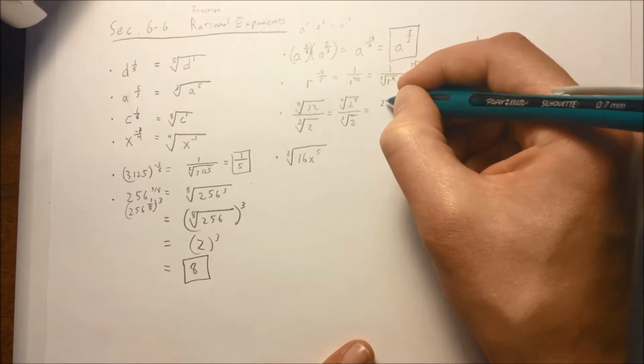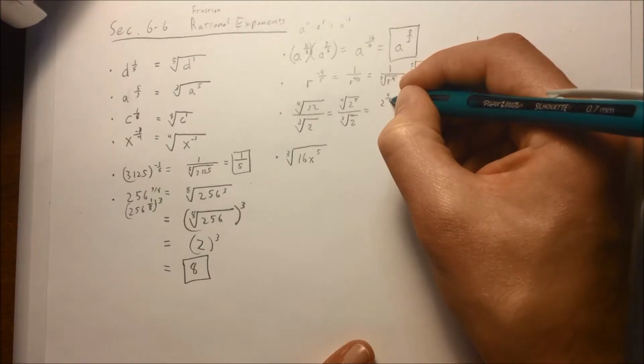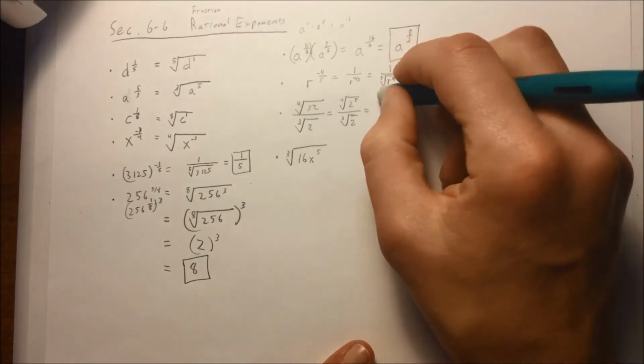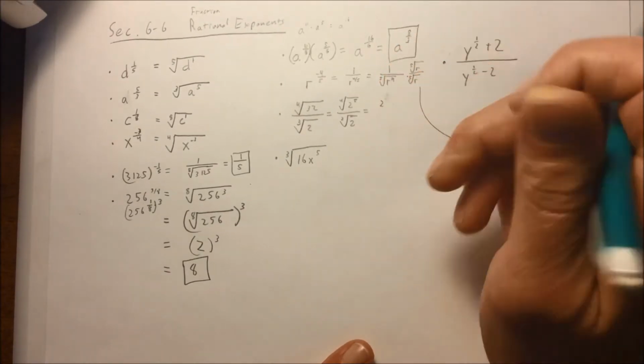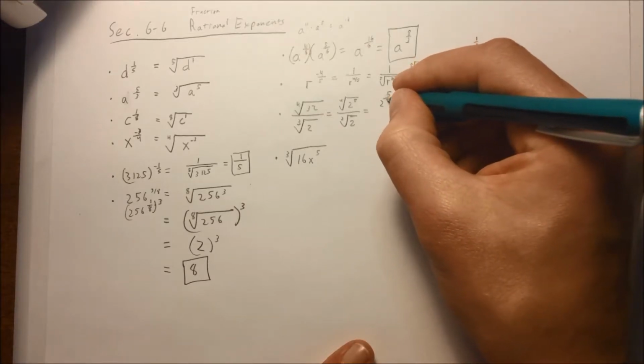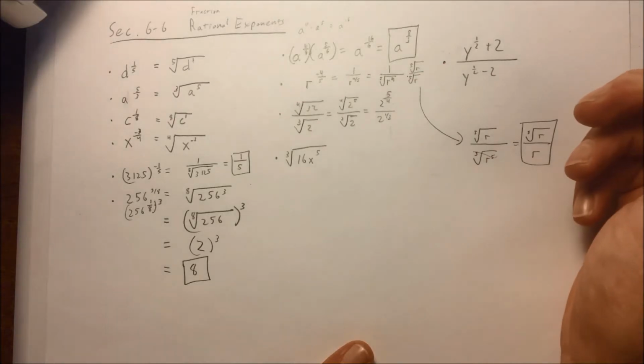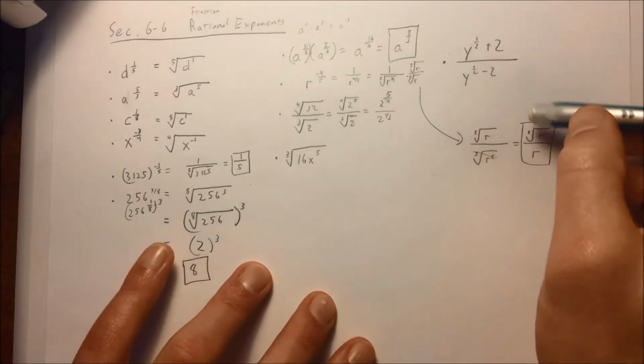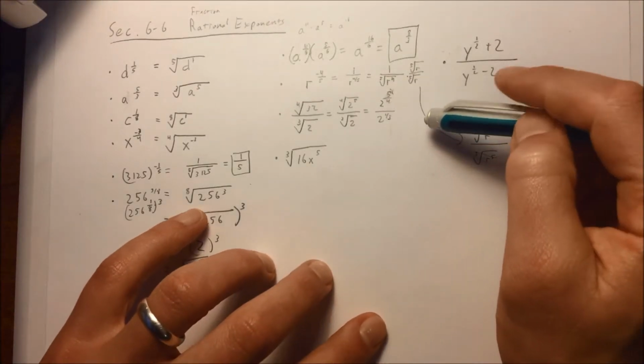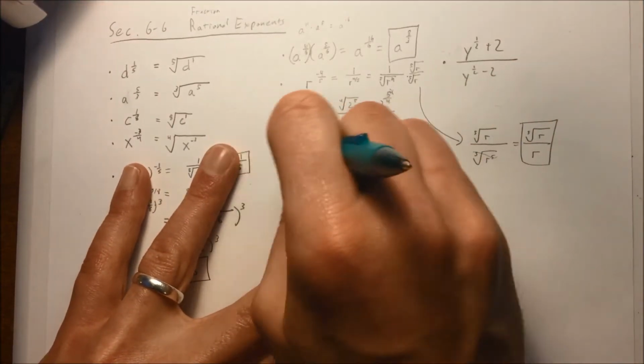Which means this becomes 2 to the 5/4 divided by 2 to the 1/3. And if I have 2 to the 5/4 divided by 2 to the 1/3, we know how to simplify that.